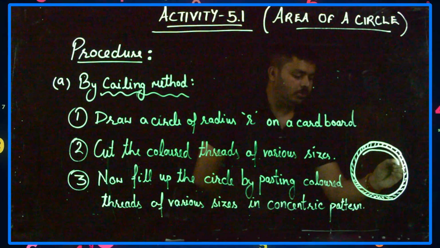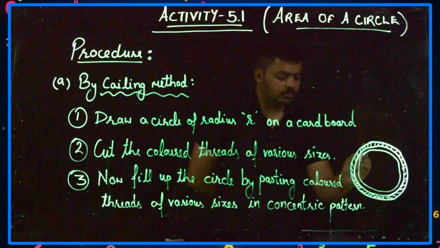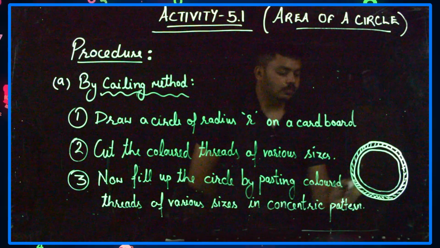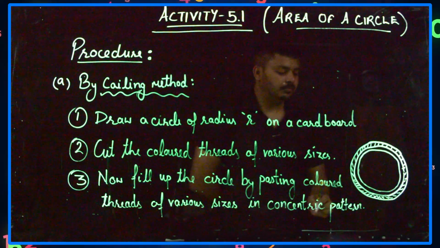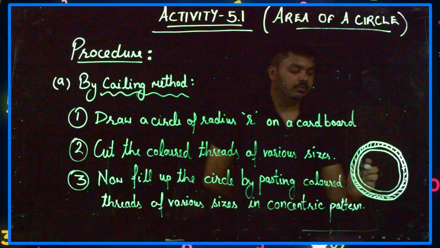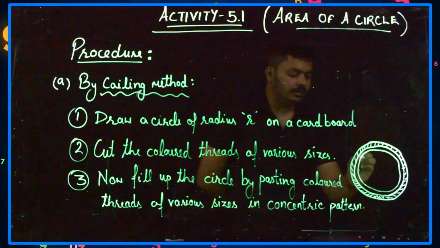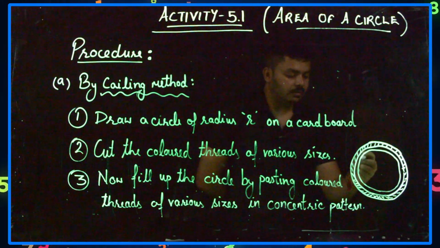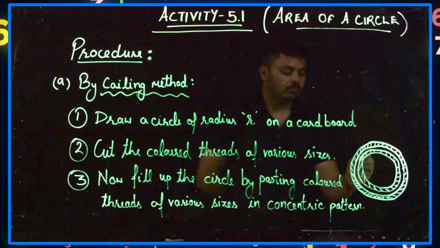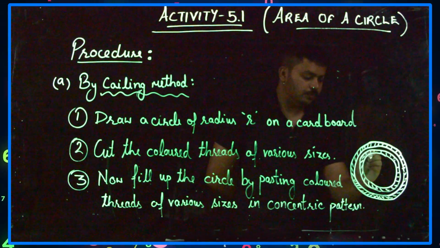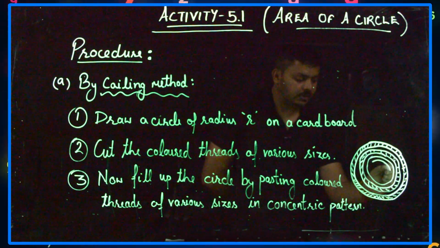So in the way we are putting, this is called the concentric way, that is focused towards the center. That is, every circle will have the same center. Now in this way we have placed our second thread. Now third thread. Now fourth thread. Similarly fifth thread.